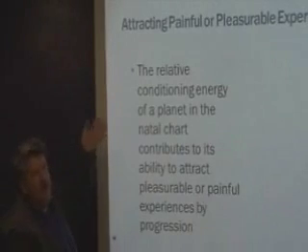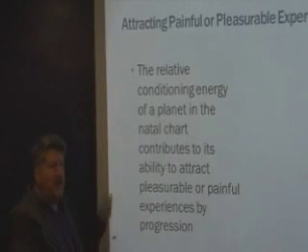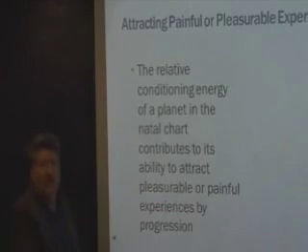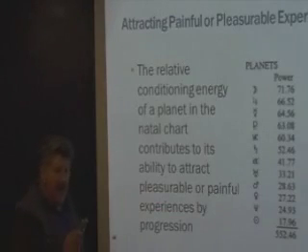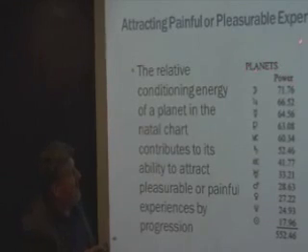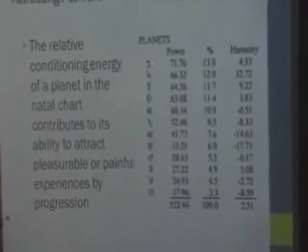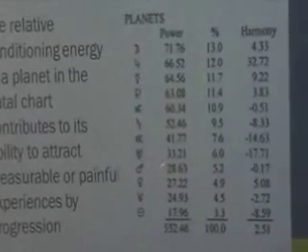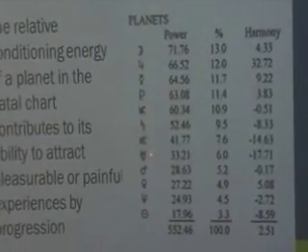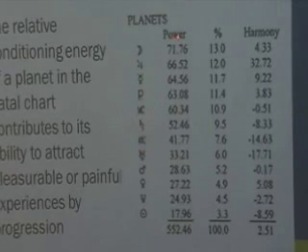So again, we look back to the natal chart. What is the conditioning of this planet in the natal chart? Because chances are the pattern in the future is going to replicate that. The way we read that, and we touched on this in the last couple of weeks, is through astrodynes, which actually calculate the power for the planets, signs, houses, aspects, and they're listed from the strongest to the weakest.